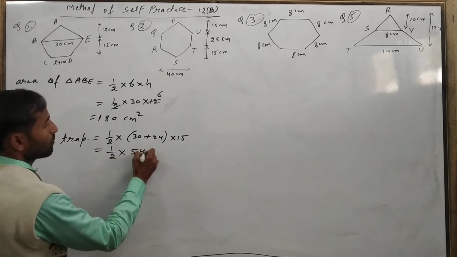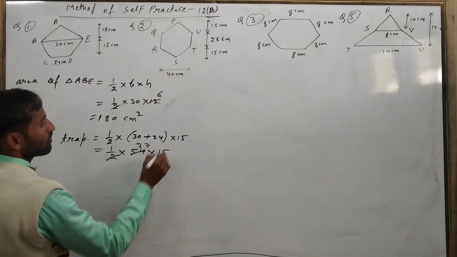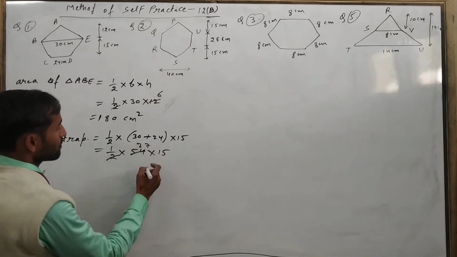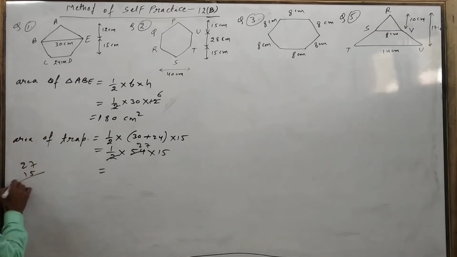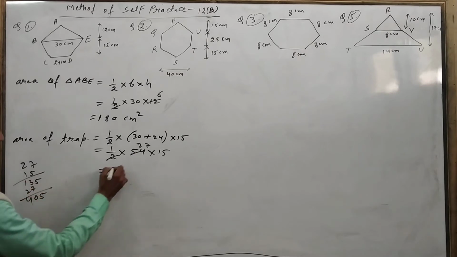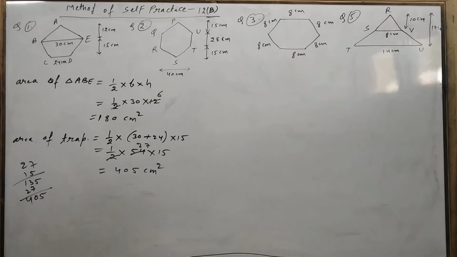It will come 54 into 15. Now we will cancel out, 27 2s are 54. Now we will multiply 27 into 15. How much will come? 27 5s are 135, and here 27, then it will come 50 and here 405. Means 405 centimeter square.